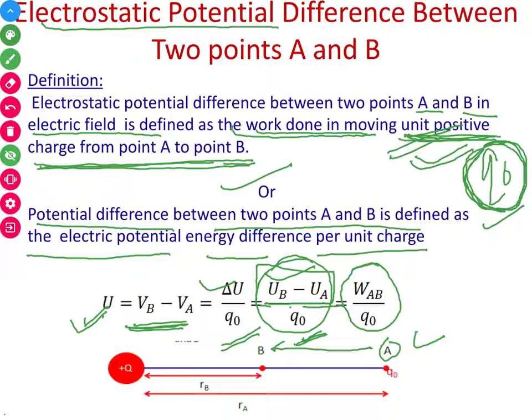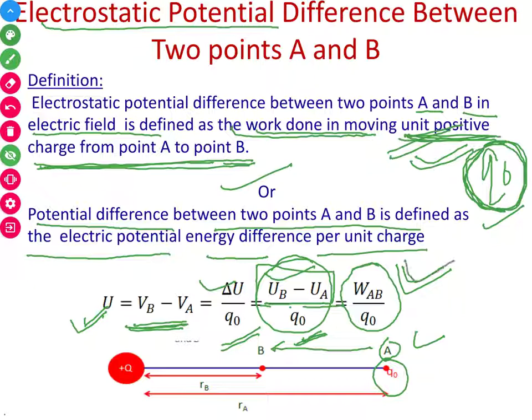Where WAB is the work done to bring test charge Q0 from A to B. So in order to find the electrostatic potential difference between 2 points A and B, we just keep Q0 here and find the work done WAB, which we already found in the last topic.